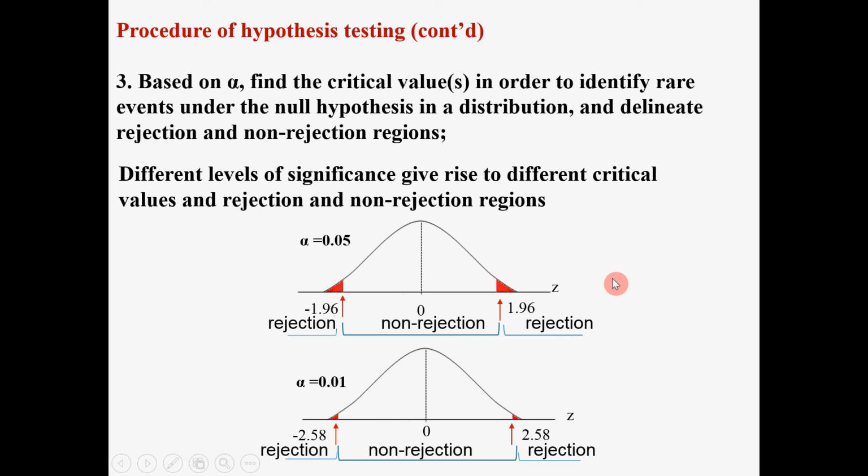If, on the other hand, a sample mean falls in the non-rejection region here in the middle, then we would know that the sample mean is not a rare event for the given null hypothesis. So we would have no reason to reject the null hypothesis. And that's why here in the middle, it is called the non-rejection region. So these two critical values divide the entire z distribution into two rejection regions in the corners and one non-rejection region in the middle.